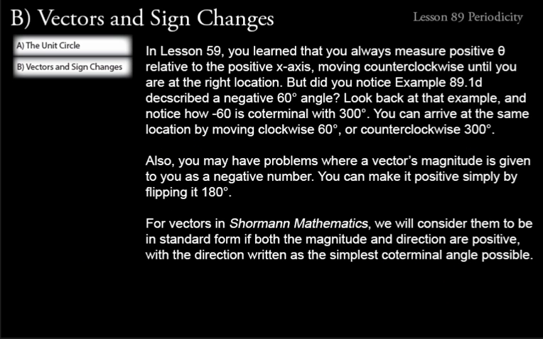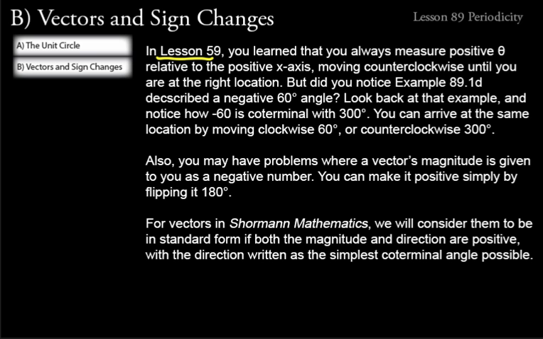Let's move on to part B on vectors and sign changes. We won't be using the unit circle so much here, but we still need to keep in mind the idea of periodicity and coterminal angles. Maybe you remember back in lesson 59, you learned that you always measure positive theta relative to the positive x-axis, and you move counterclockwise until you're at the right location.